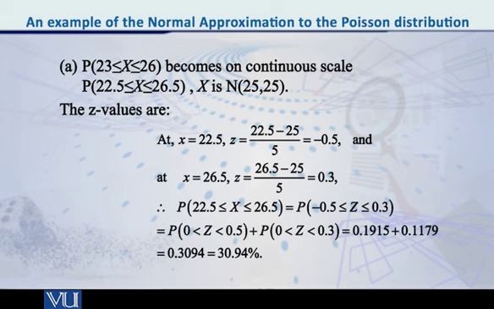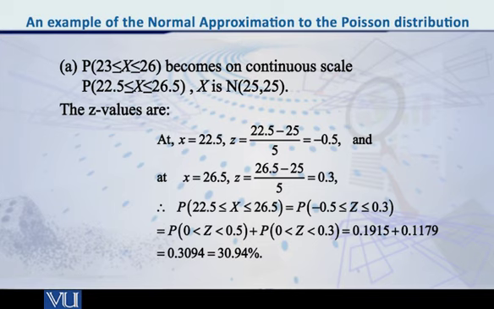First, look at the area from minus 0.5 to 0 using the area table, that is 0.1915. And after that, look at the area from 0 to 0.3, again using the area table, that is 0.1179. Adding the two, my dear students, the total area under the curve between these 2 points comes out to be 0.3094.